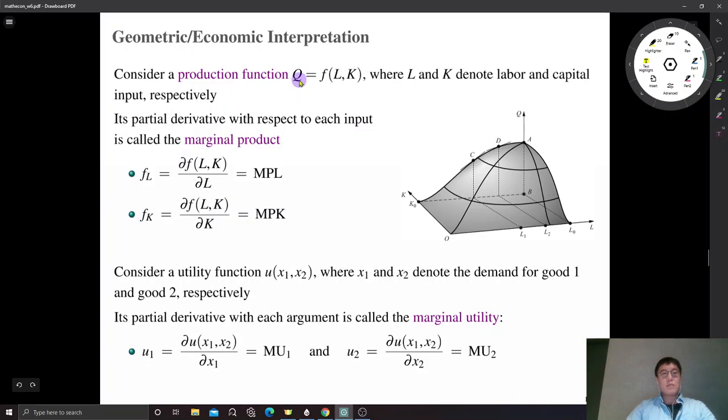Okay, so in economics, we regard one firm as one production function. The production function tells us, given inputs, the number of people you employ and the amount of capital you borrow from the bank, that determines the quantity produced.